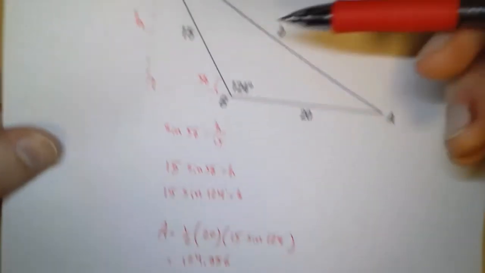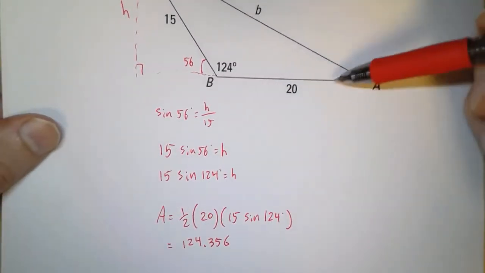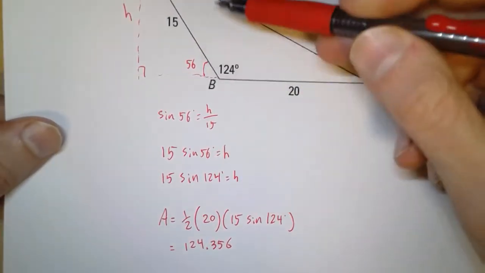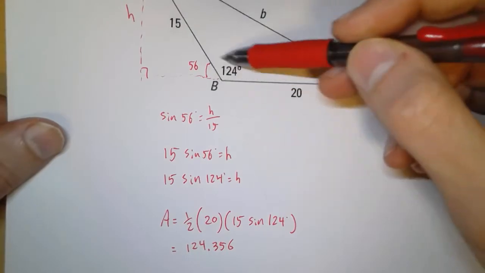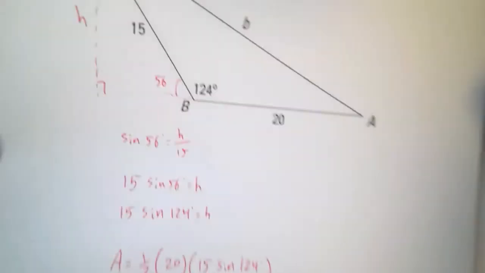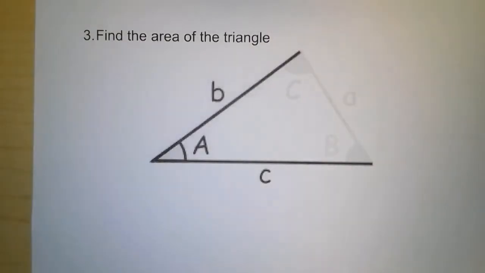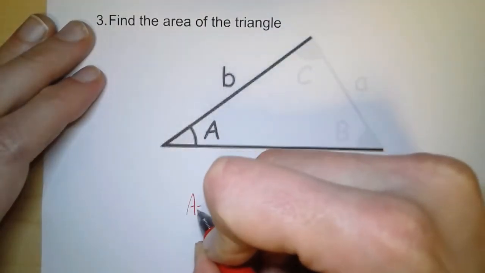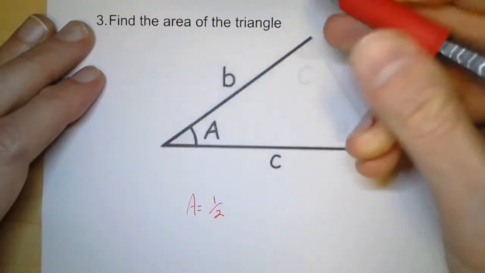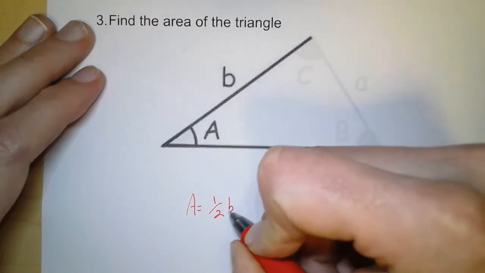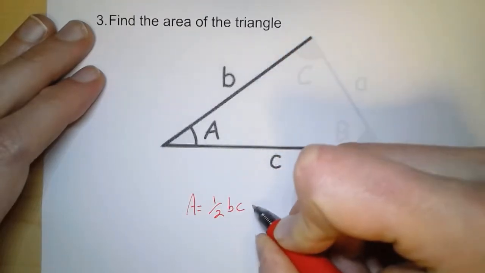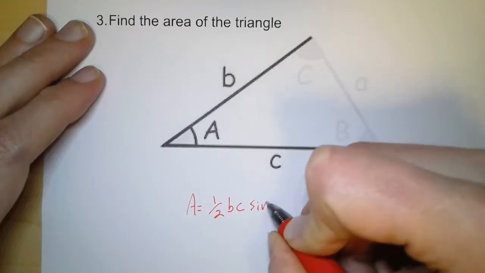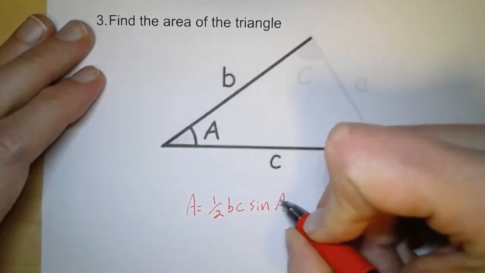Here, we took 1/2 times 20, that's one side, times 15, that's the other side, times sine of the angle between them. And so that pattern shows us that if we want to find the area here, it's going to be 1/2 one side, B, times the other side, C, times sine of the angle between them.